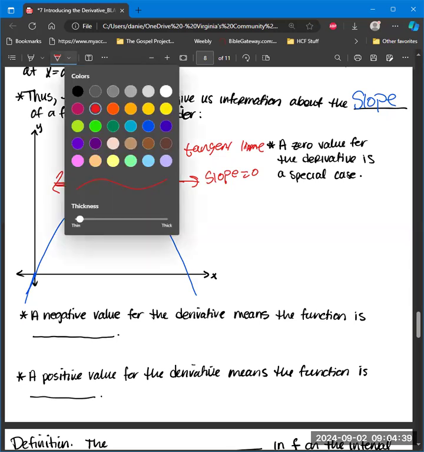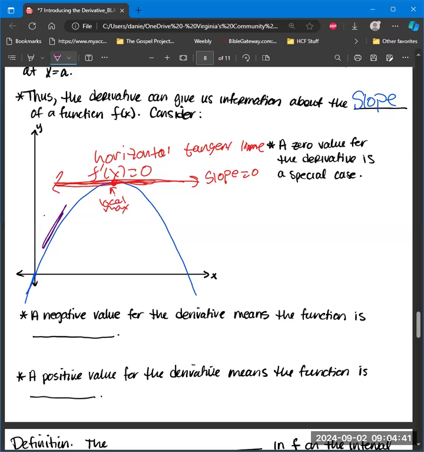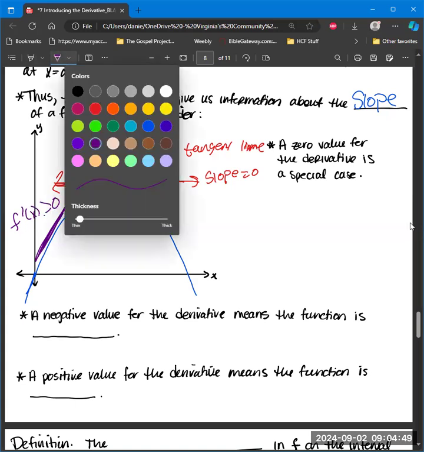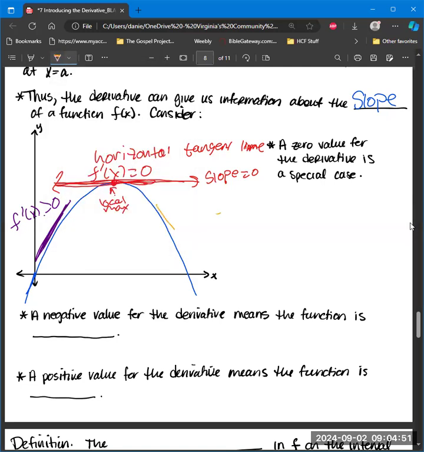But we do know that if we're on this side over here, f prime of x, the slope here, is positive. And we know that if we're over here somewhere, f prime of x is negative.